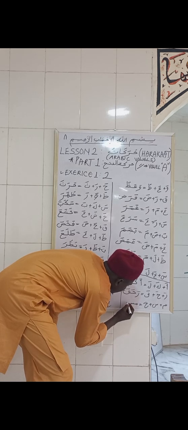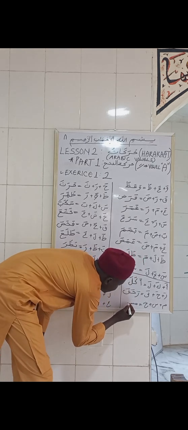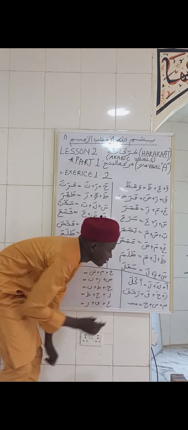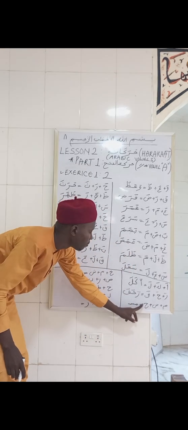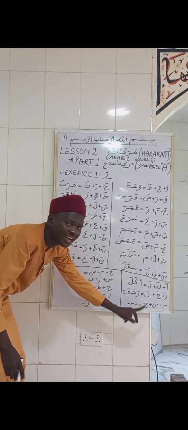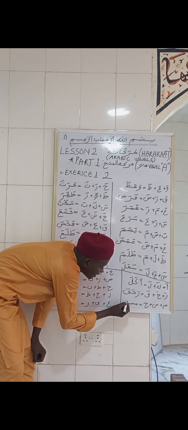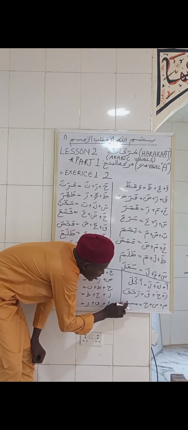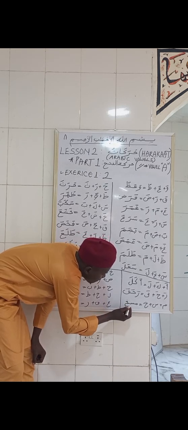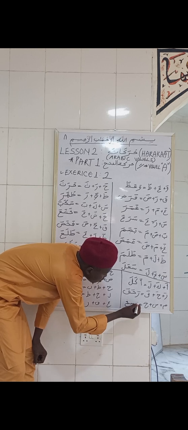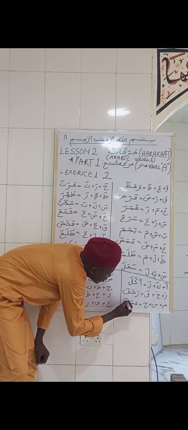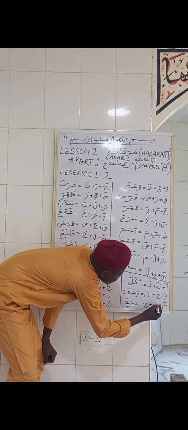Sin can be joined with ha. But because ha is the last one, and it is not joining with any other one, we are going to complete it. So it's going to be masaha.